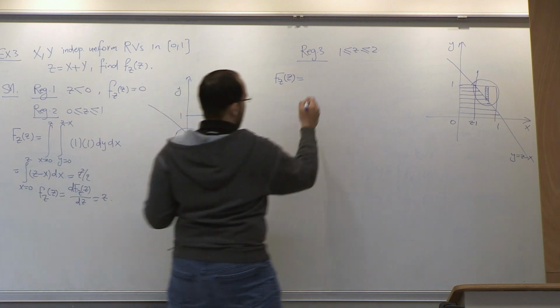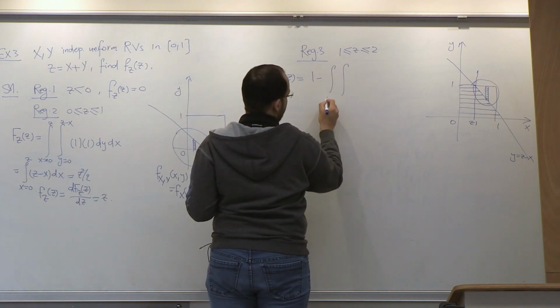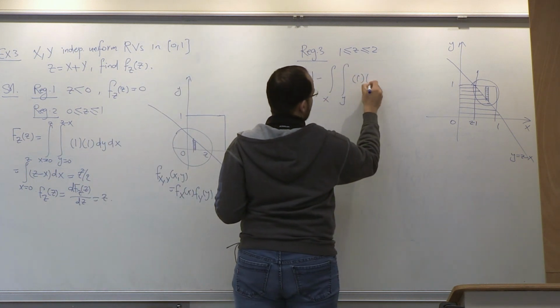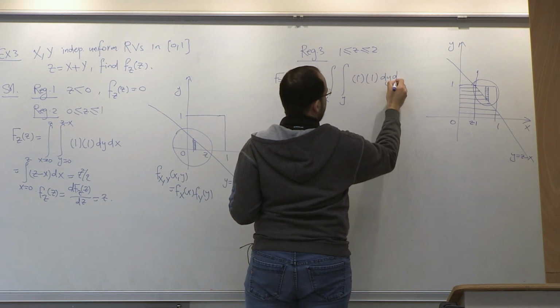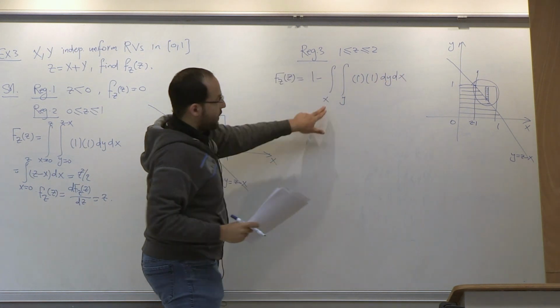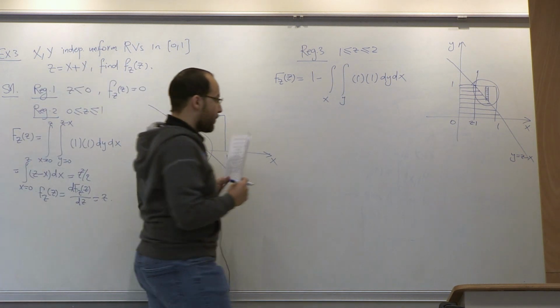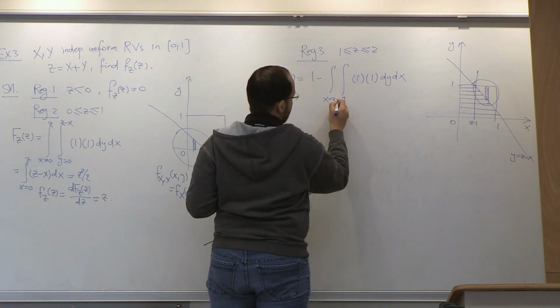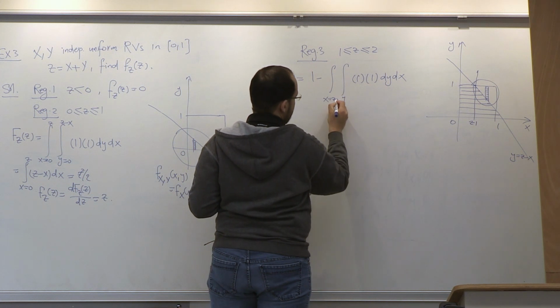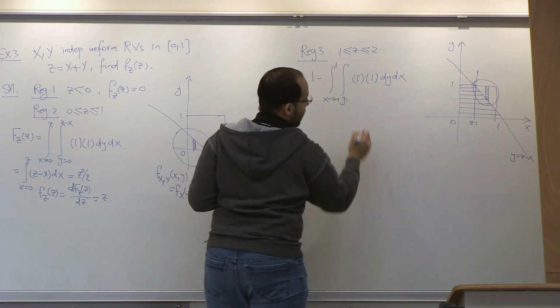Thank you. So it is 1 minus the double integral on x and y. We know that this is 1. We know that this is 1, dy dx. What is the range of x? Thank you. From z minus 1 to 1. What is the range of y?